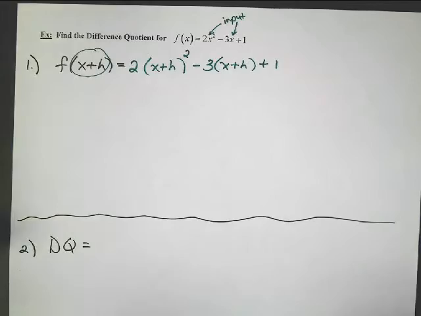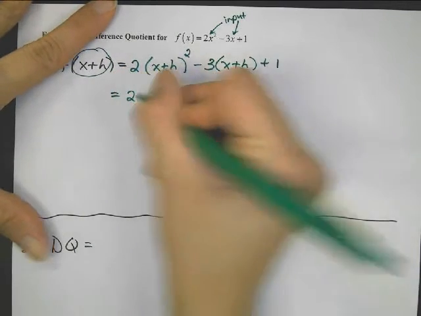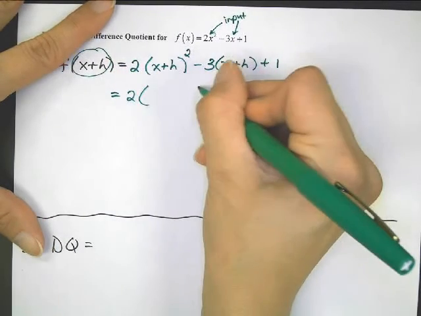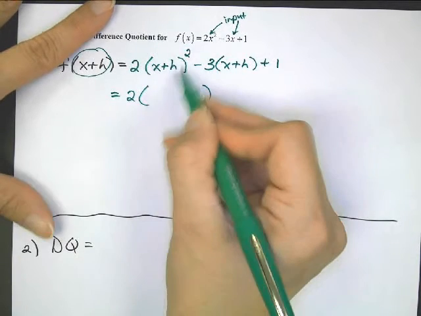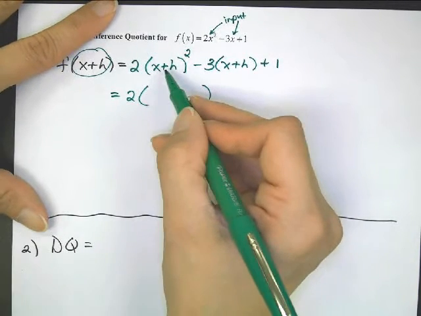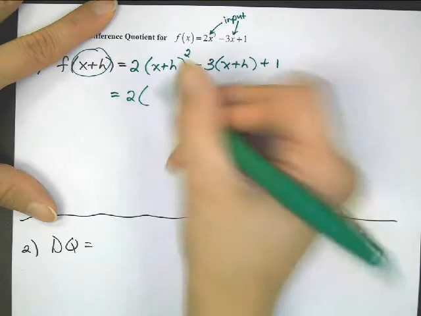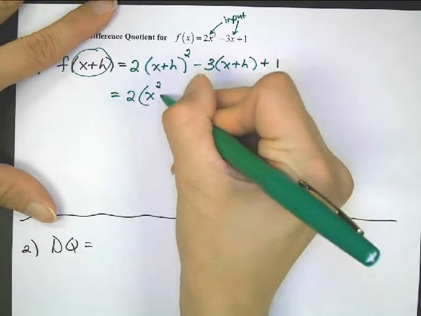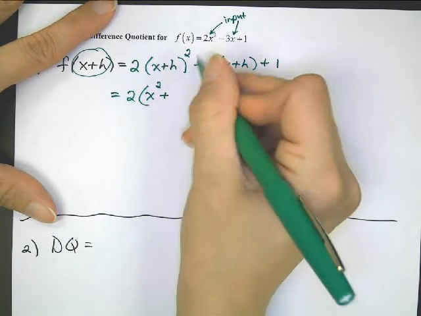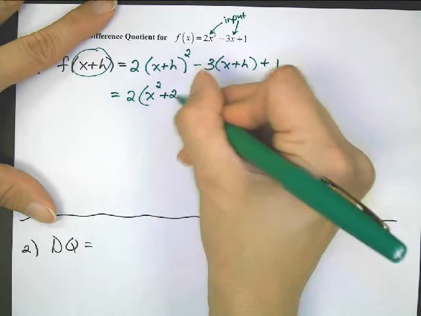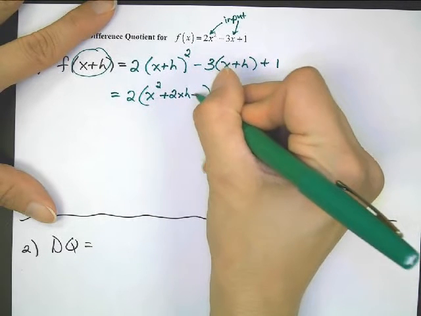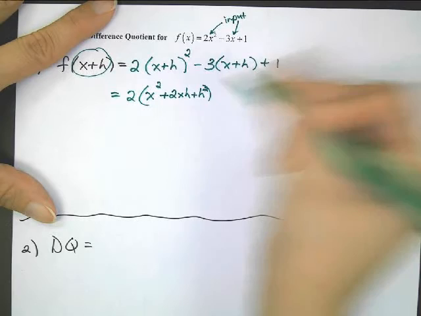Okay, we're going to go ahead and do some work here. We've got 2. Since you've seen this once, you might know the answer already. X plus h times x plus h is x squared plus, don't forget the outers and the inners, 2xh plus h squared.